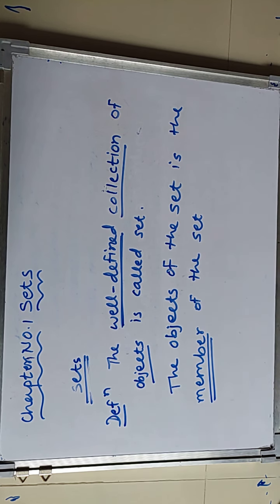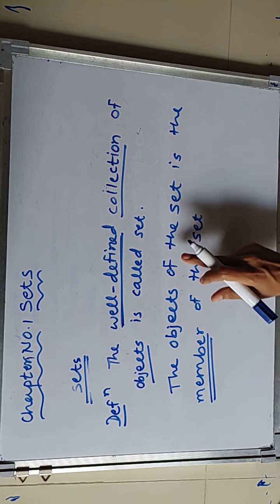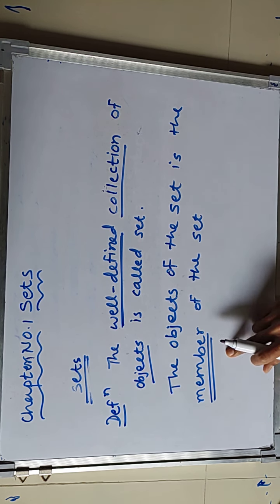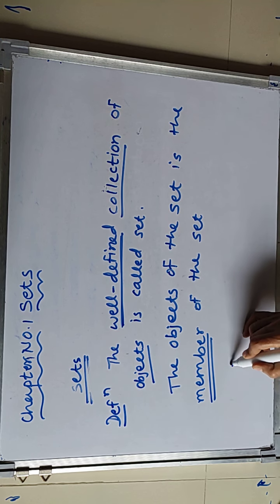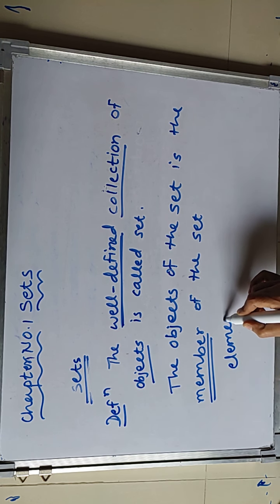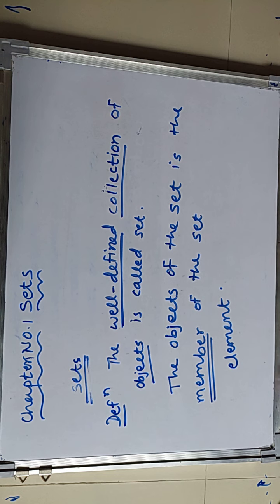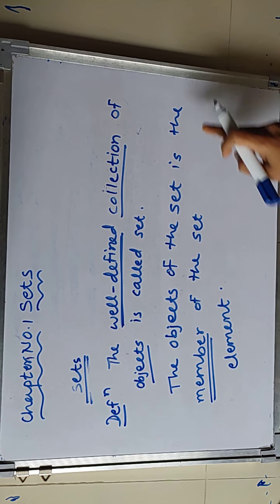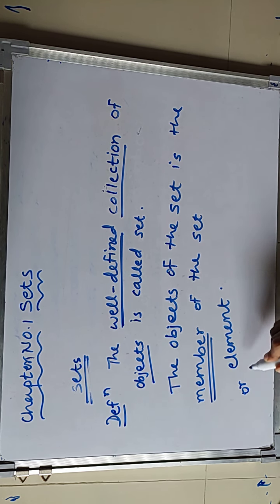You have to hear that the objects of the set are the members, or you can write elements also. The objects of the set are the members or elements of the set.